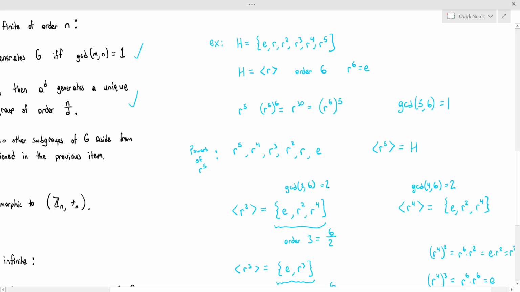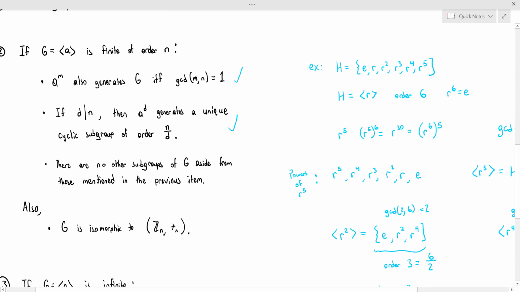Now, in fact, notice that r to the 4th generates the same cyclic subgroup as r squared. That's actually because 2 and 4 have the same GCD with 6, which is 2. It turns out powers of the generator that share the same greatest common divisor with the order will generate the same cyclic subgroup.